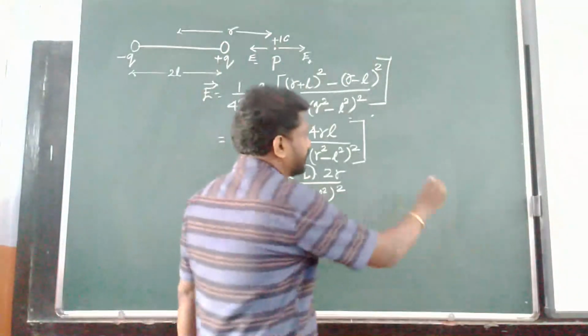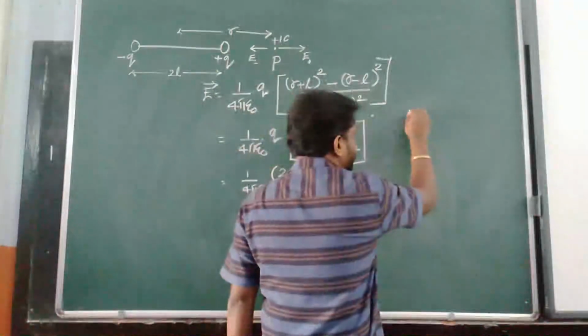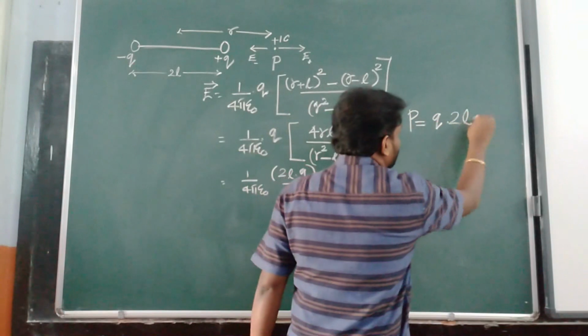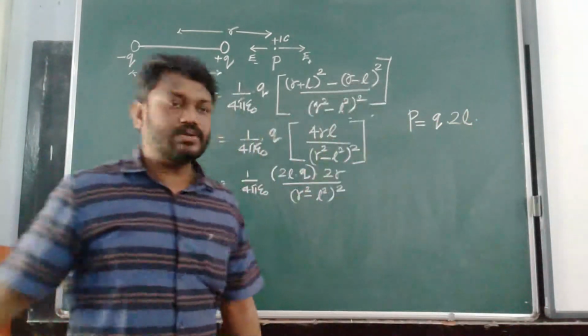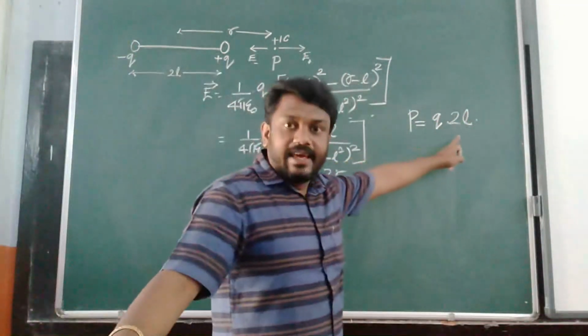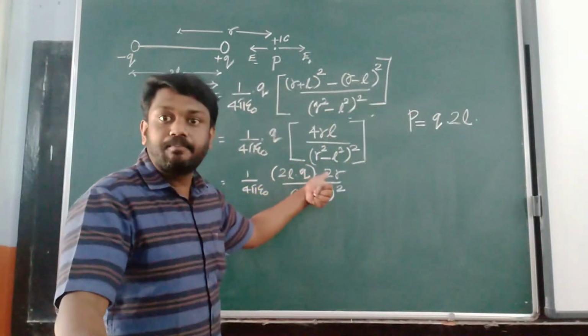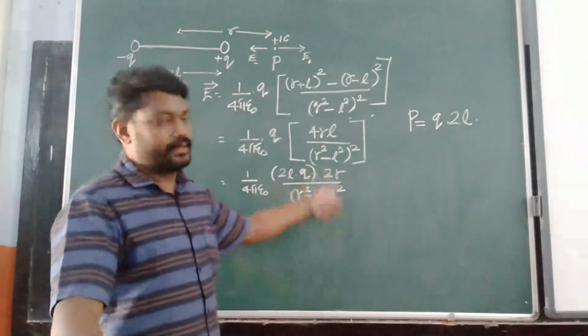And yesterday we have defined the dipole moment. Dipole moment is represented as P, and P is equal to Q into 2L. That is, Q is the charge of the dipole and 2L is the length of the dipole. So this 2L into Q you can replace by P, the dipole moment.